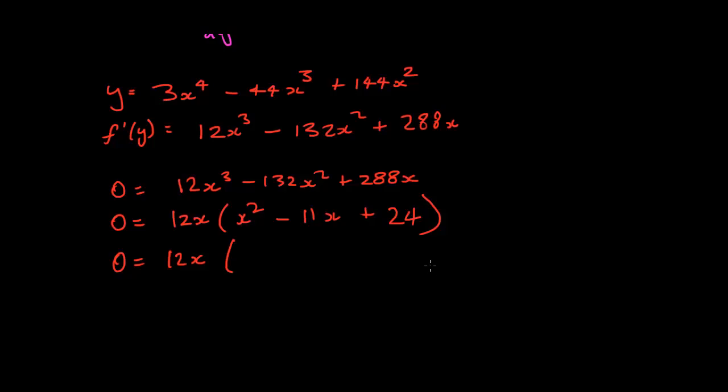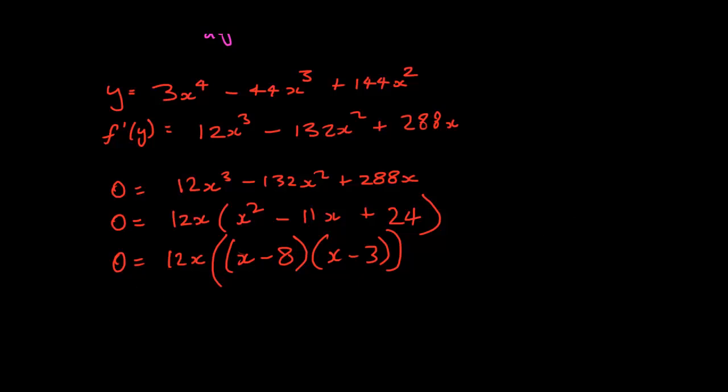No, that wouldn't work because we need to get 24. What about negative 8 and negative 3? If you add negative 8 with negative 3, you get negative 11x, and if you multiply negative 8 and negative 3, you get 24. Perfect. That's exactly what we're going to use. So we get x minus 8, x minus 3. Now I should put this all in brackets because it's being multiplied by the 12x.